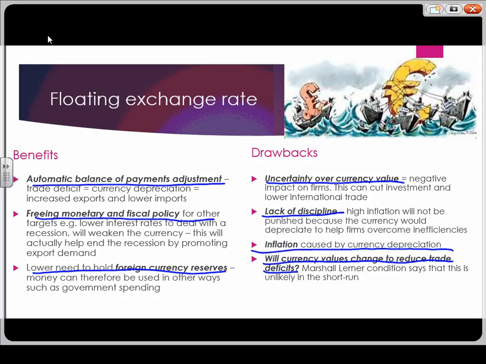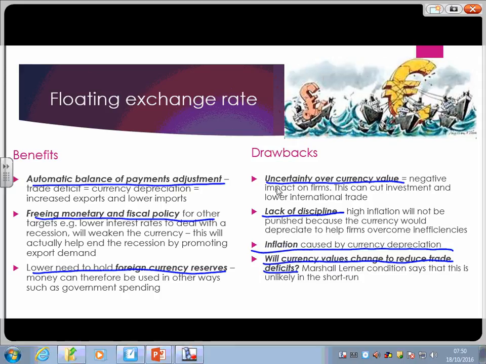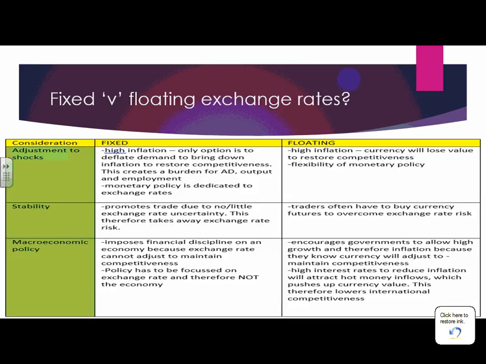So, if you were looking at a comparison between the two systems, you've got this. You've got to think about which one will allow us to deal with shocks that might happen in the economy. I'm going to pause for a second to let you read what's on the board.